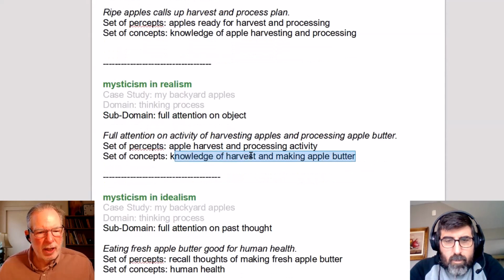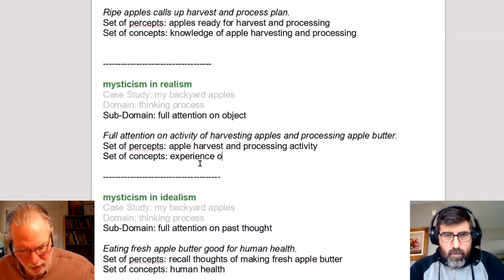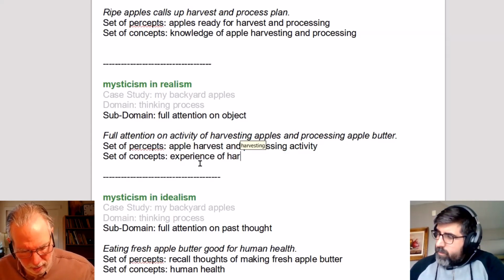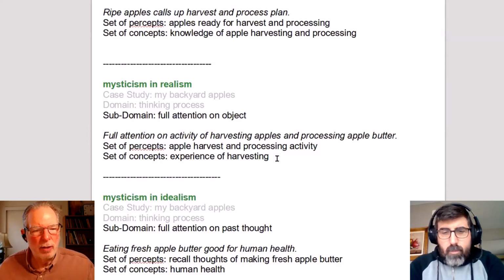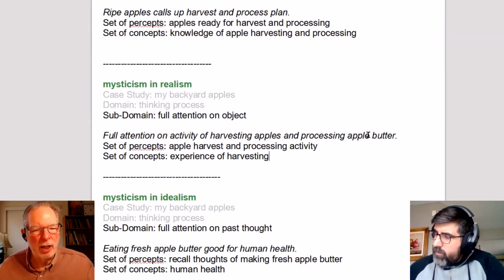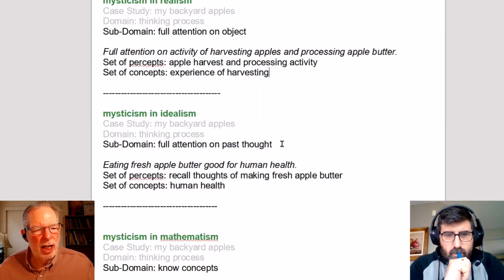I have the same thing here as a set of concepts, but the set of concepts will be his past experience of harvesting. Those will be his memories of past harvesting that he's calling upon, his experience of how to harvest and process apple butter.